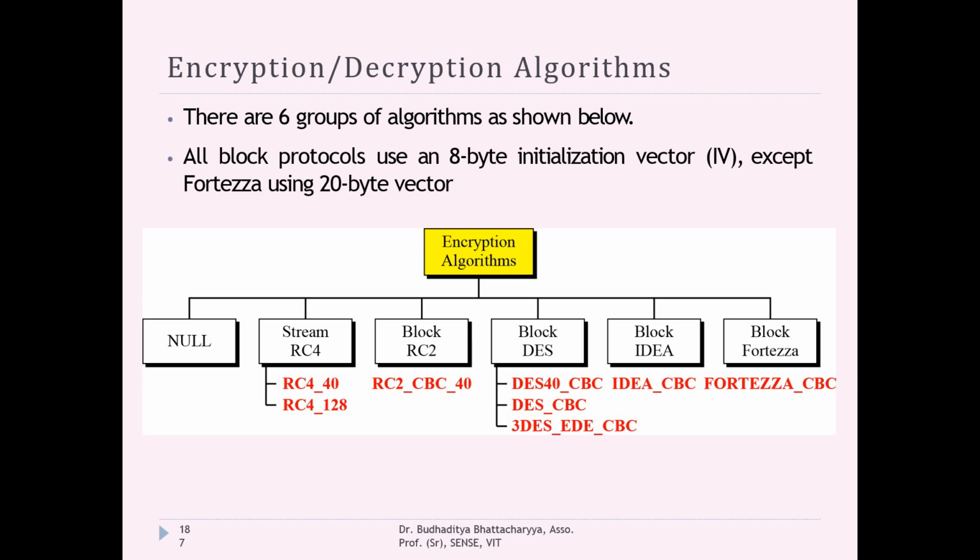Then we have the encryption and decryption algorithm. Here also, if you observe some of the cases, the stream cipher, the block cipher, the DES, I guess all of you can identify some of the terms which are used. So you can see block DES, stream RC4. Fortezza is a new technique which is not in our syllabus, so we are not going to focus on it.